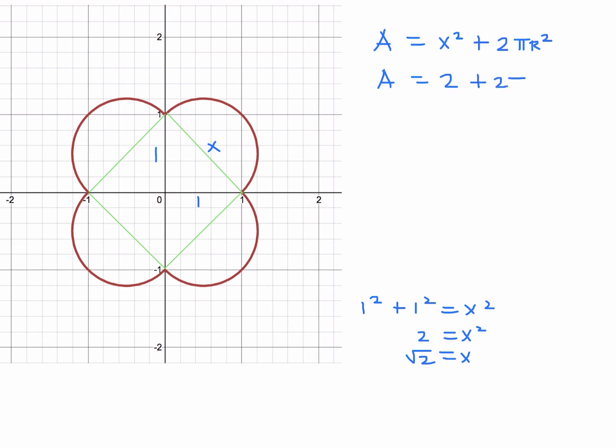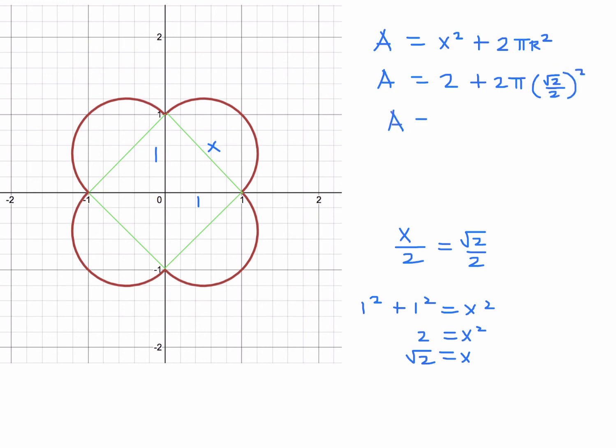And then now we have 2 pi r squared. Well, r is the distance from there to there. x basically represents the diameter of those semicircles. So since x represents the diameter, the radius will be half of x, and that's root 2 over 2. So we have root 2 over 2 squared.